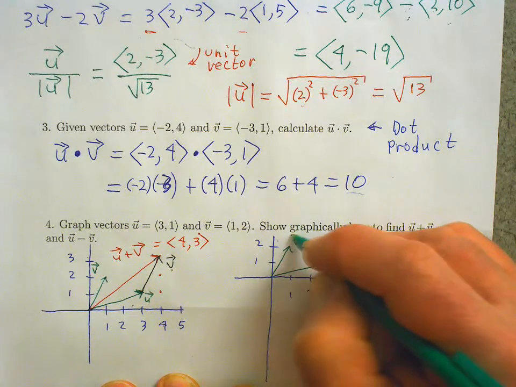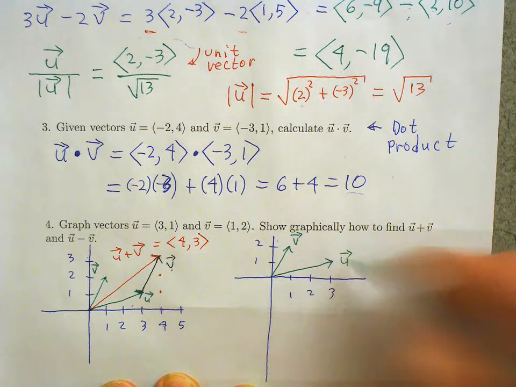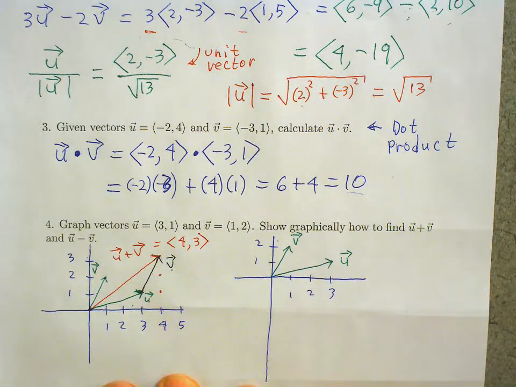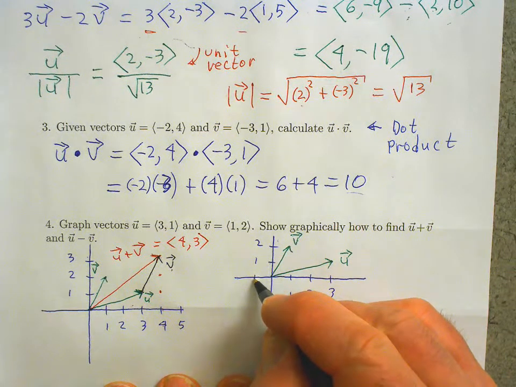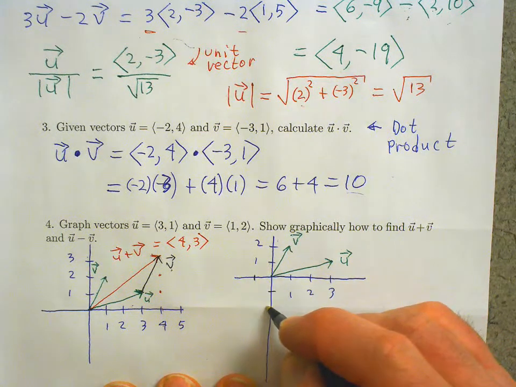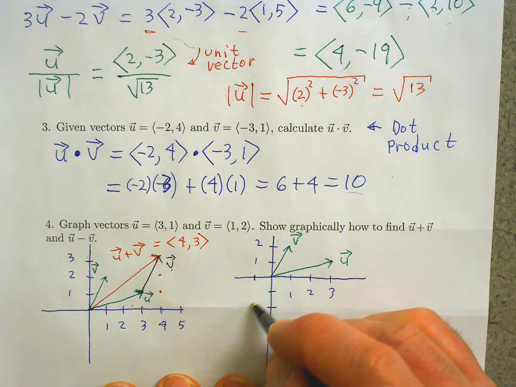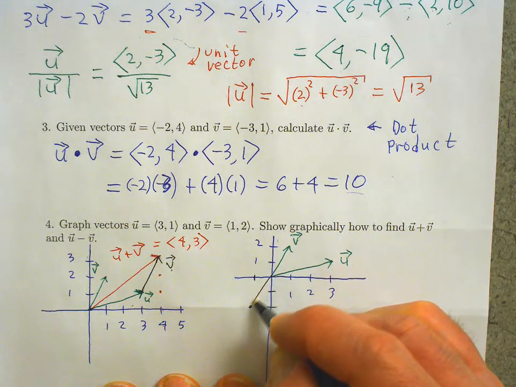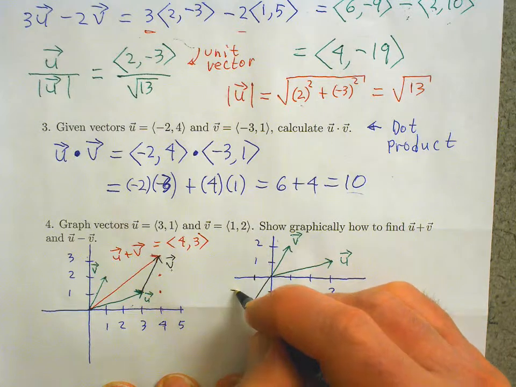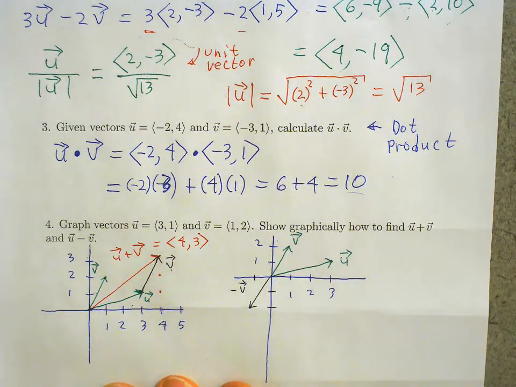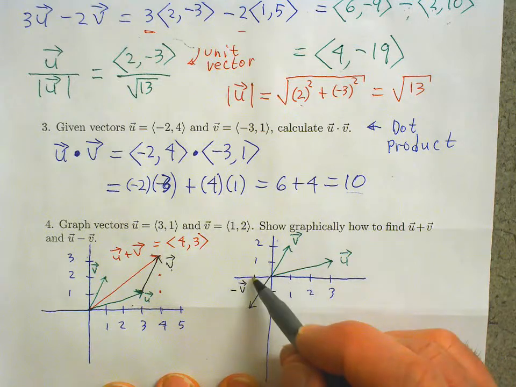So that's vector v. This is vector u. Well, for u minus v, we're going to think of it as adding vector u to the vector negative v. So negative v is just in the opposite direction as v with the same magnitude. So this is the vector negative v in standard form. So it's negative 1, negative 2.